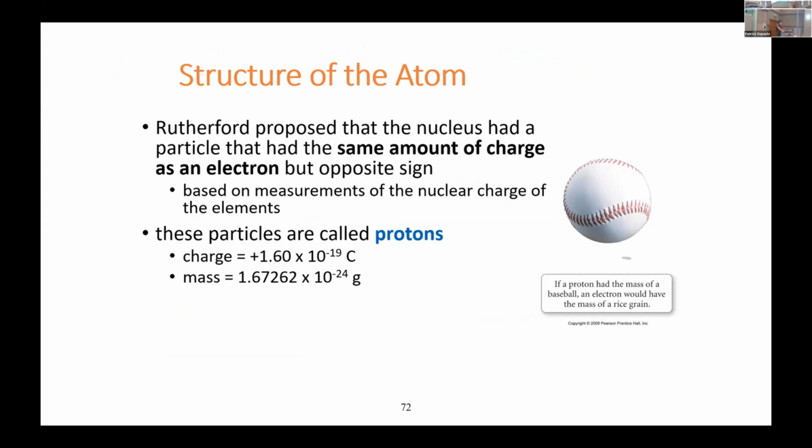Another important thing that me taking that mass spec class taught me is that when you add up the mass, let's say you have one atom of hydrogen. I want to find the mass of hydrogen from adding the proton and the electron together. That's not how it works.